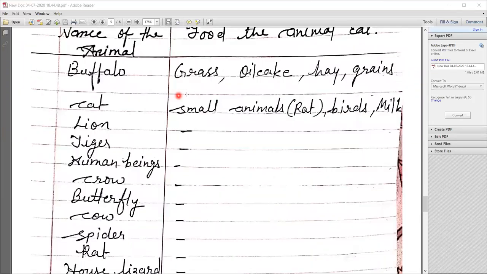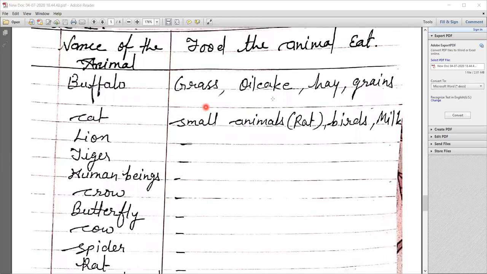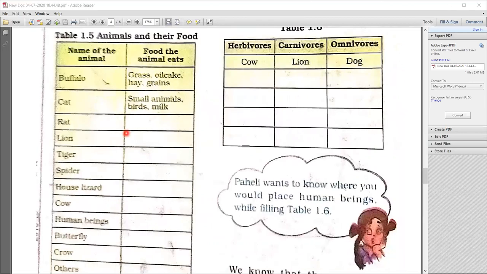Yes, this is the table. In the first column I have written the names of some animals, and in the second column I have written the food that they eat. So buffaloes eat grass, oil cakes, hay, etc. In the previous table, table number 1.5, please see that.